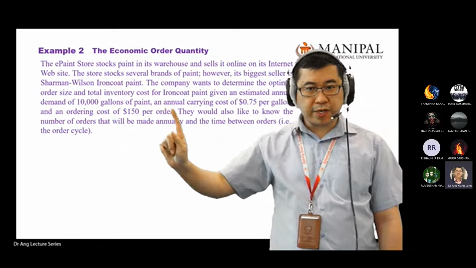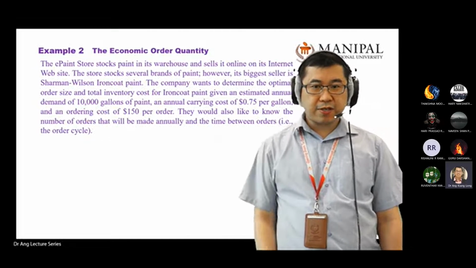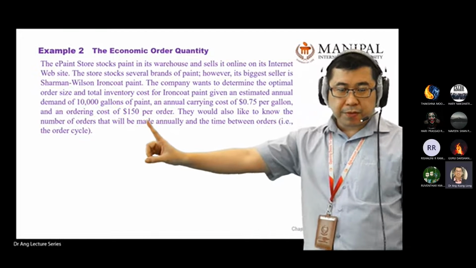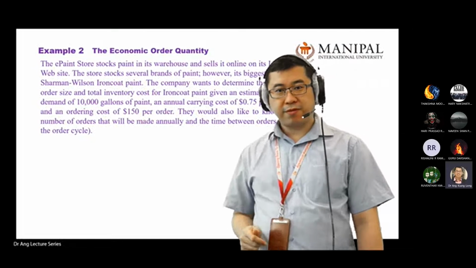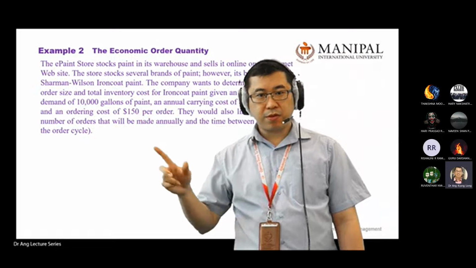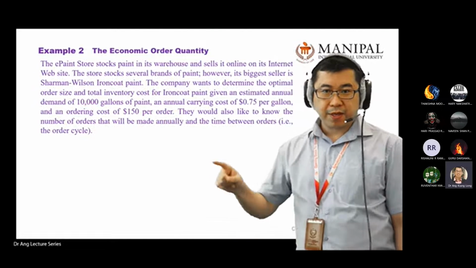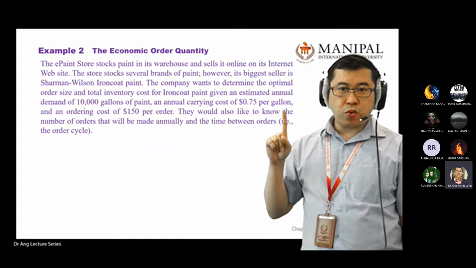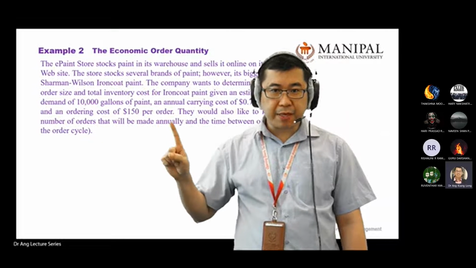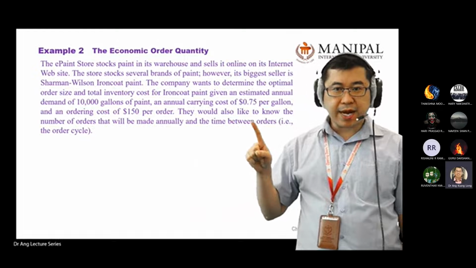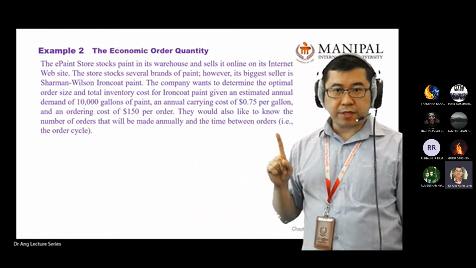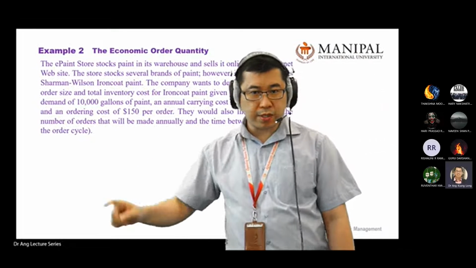Ordering cost is also given, which is your CO, C sub O, ordering cost, 150 per order. They would like to know the number of orders that can be made annually and the time between orders, which is the order cycle.